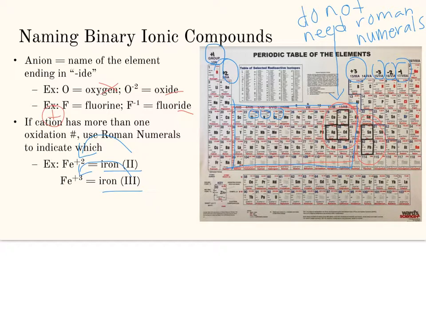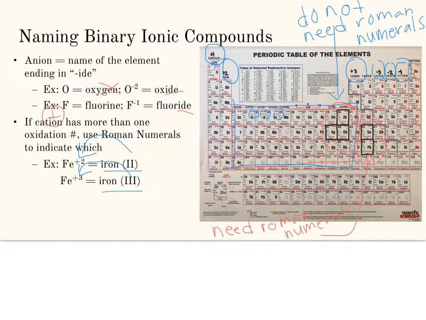So any of these 3 that are used, I could simply just name it as is without worrying about Roman numerals. Okay, in group 4, none of the elements need Roman numerals with the exception of tin and lead. So tin and lead are highlighted because these 2 can have multiple oxidation numbers, so they need Roman numerals.